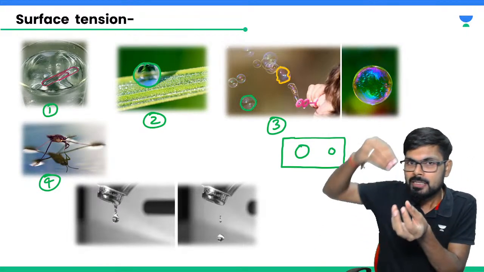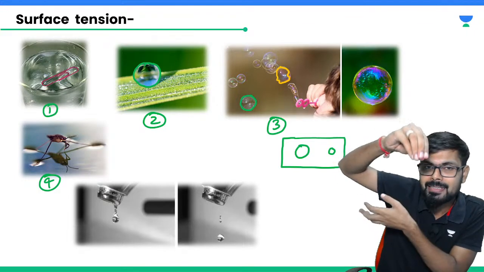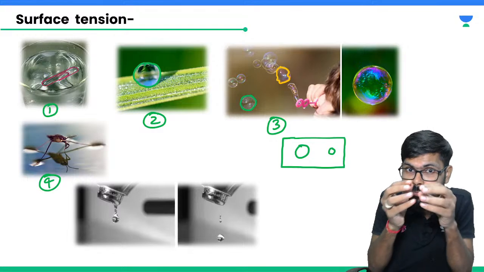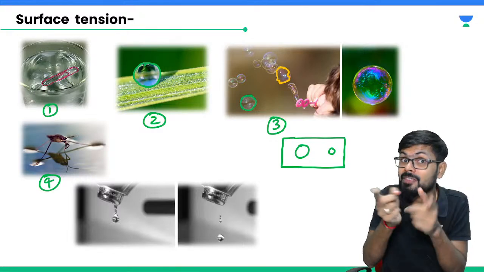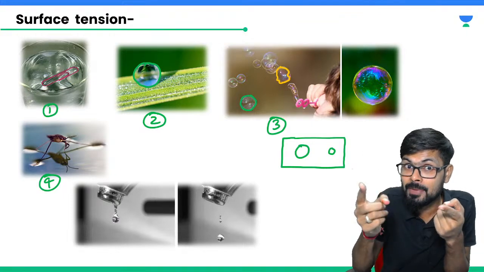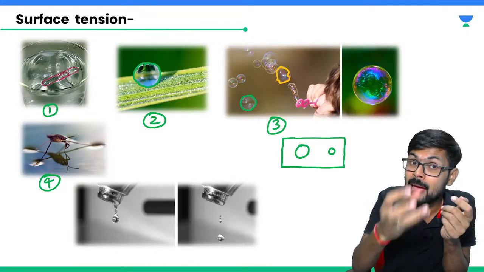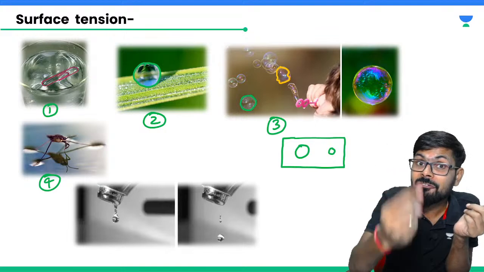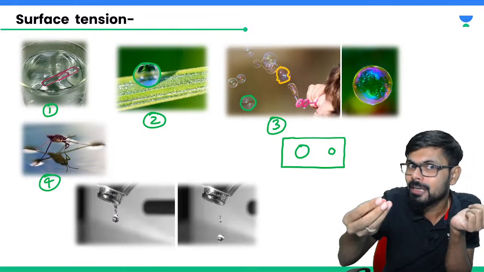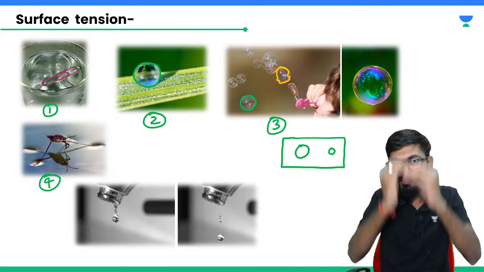Why is it happening? Please listen here. See, its mass is adding, so size is increasing, weight is increasing, mg is increasing, and that is balanced by surface tension. After a certain limit, mg will be more and surface tension will not be able to hold it, so it will break down.